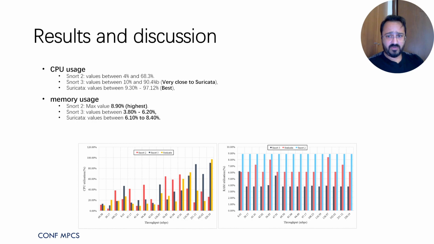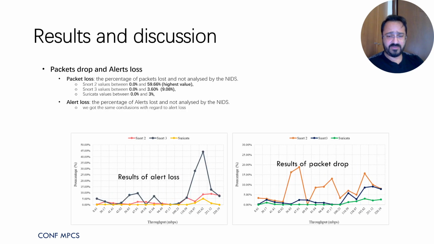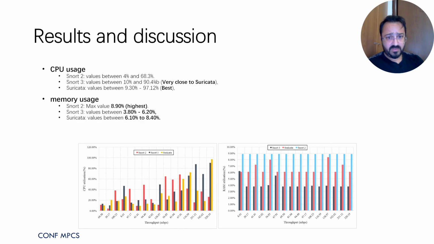So as the throughput was raising, the CPU utilization was also raising, etc. The CPU usage was between 10 to 90% for Snort 3 compared to 4 and 70% for Snort 2.